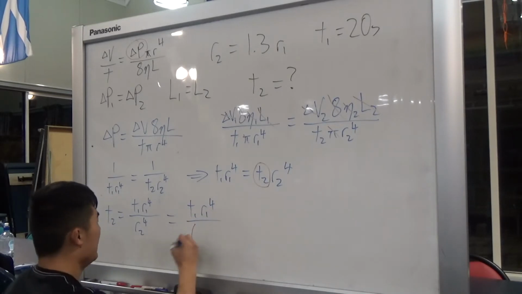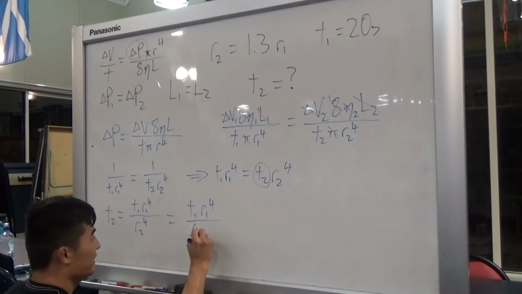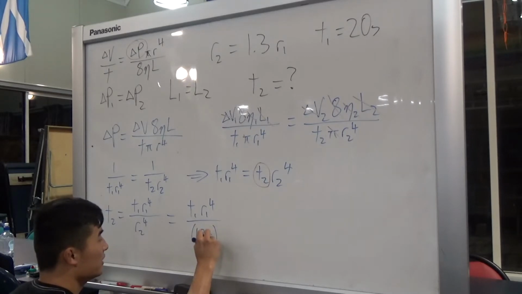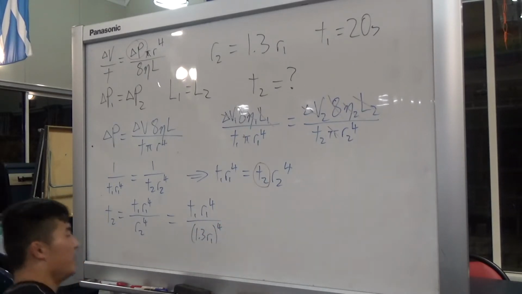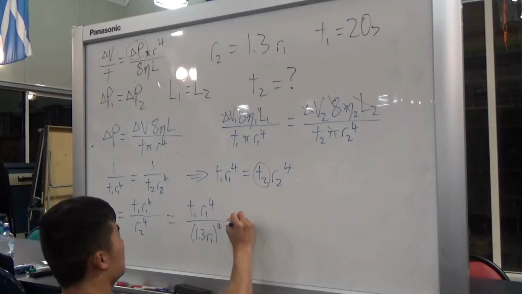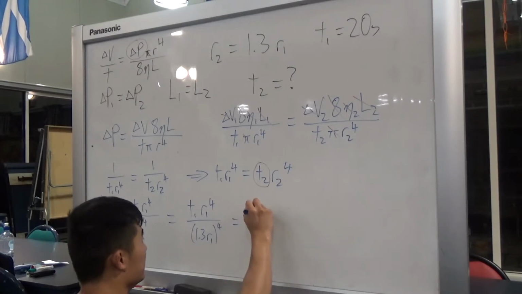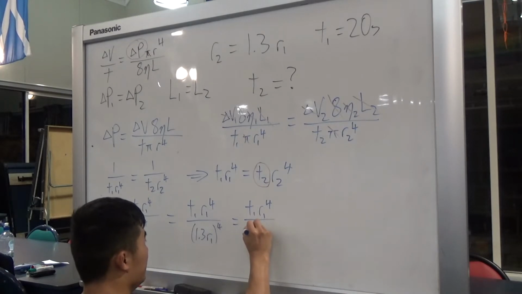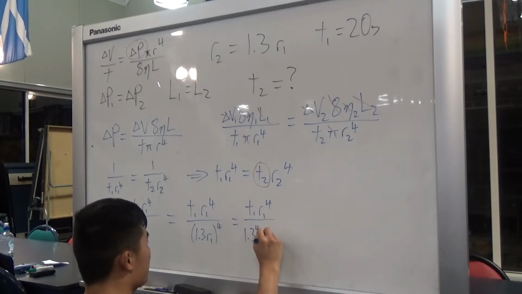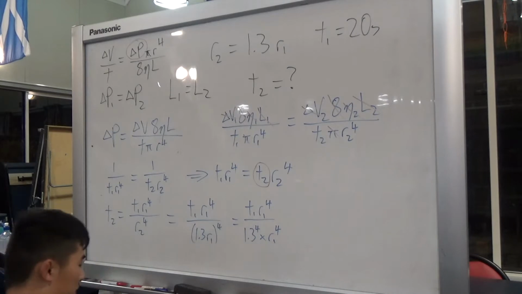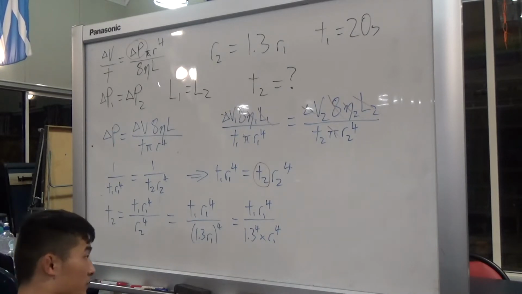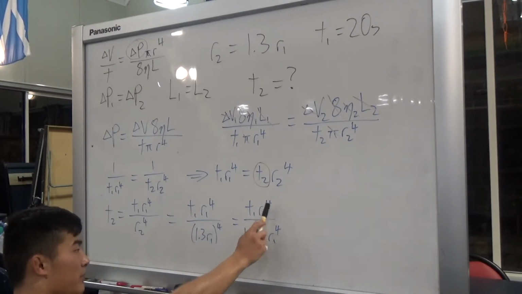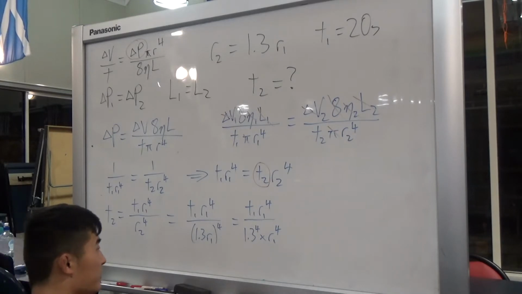So R2 is equal to 1.3 R1, to the power of 4. So that's T1 times R1 to the 4th power over 1.3 to the power of 4 times R1 to the power of 4. We have R1 to the power of 4 on the top and the bottom, so they can cancel out.